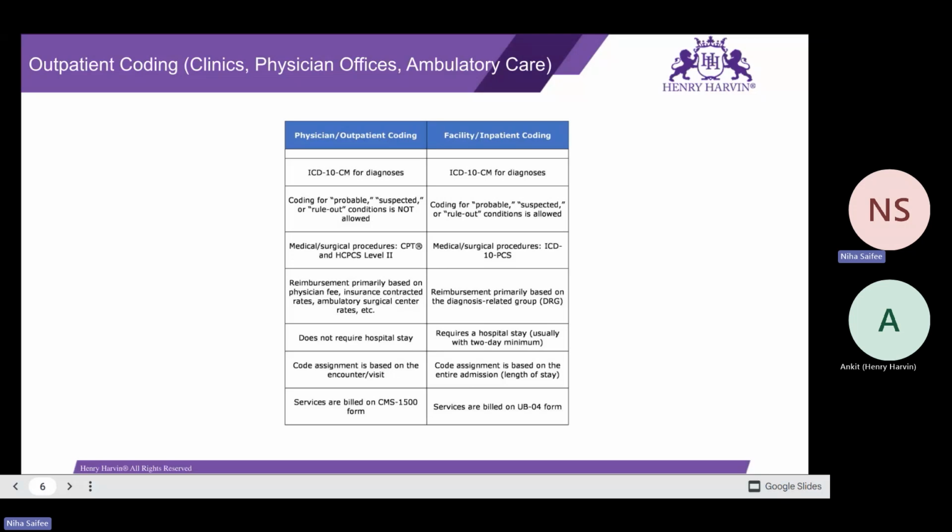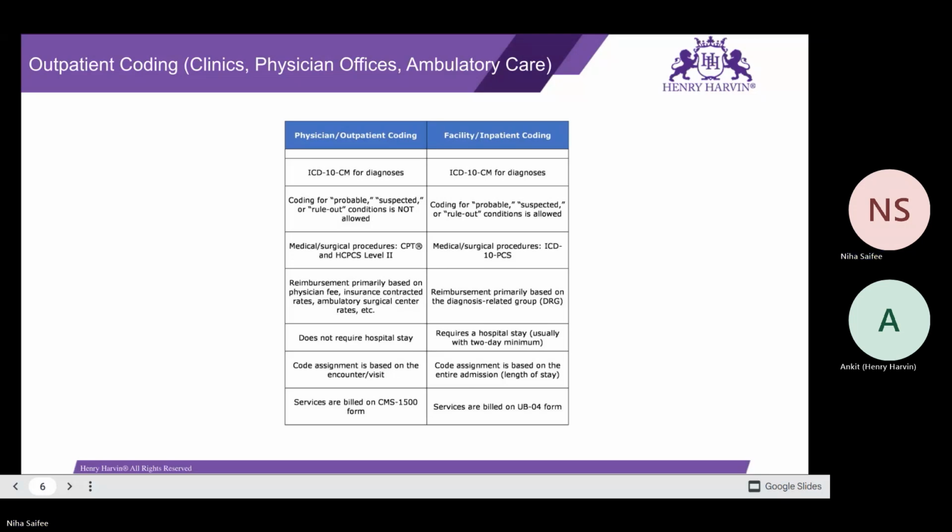In outpatient, the encounter can be 15 minutes, 30 minutes, or 45 minutes, depending on the number of symptoms the patient is having. Secondly, it depends on whether the patient is new or a follow-up. If the patient is a follow-up, the encounter is less time. But if it's a new patient, because a detailed history is taken, the encounter timing is increased. That also is considered in outpatient coding.